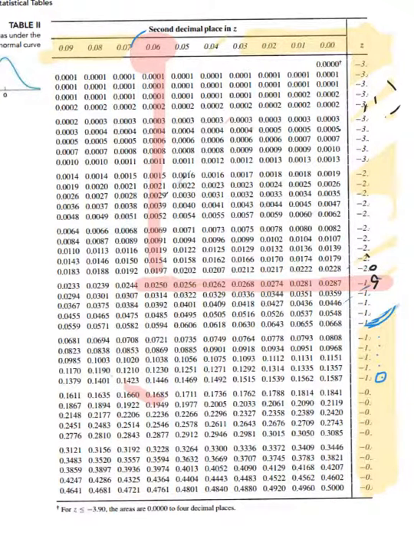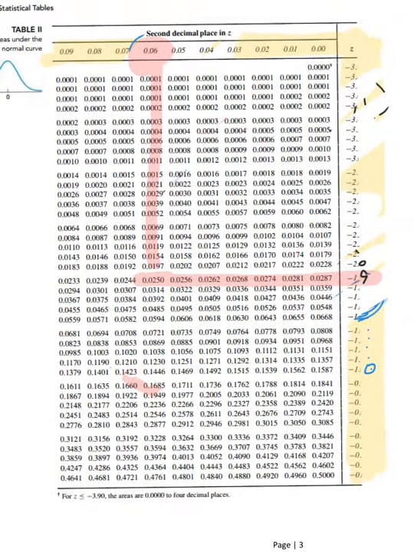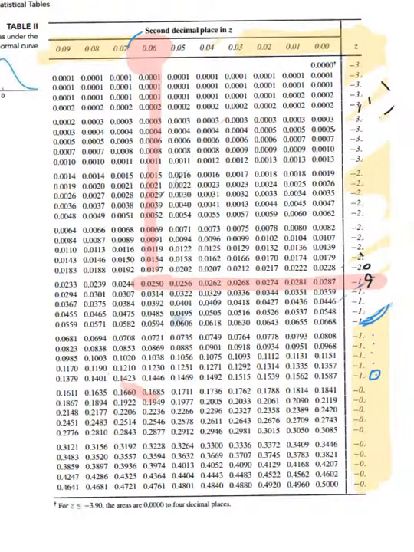Where is the 0.05? Between these two. One is 0.0495 and the other one is 0.0505. Where is the probability 0.05? Exactly in the middle. So in this case, we have to take the two z-scores.